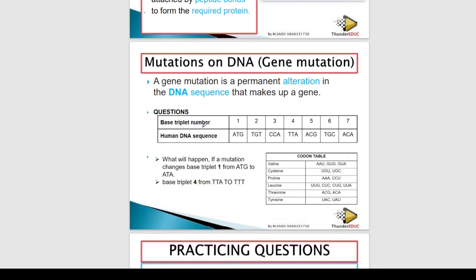If the base changes and the amino acid changes, it will cause the protein or its functioning to change. But if the base changes and does not change the amino acid, then yes, the mutation has occurred, but it has no effect on the structure of the protein. Let me show you what I'm saying.